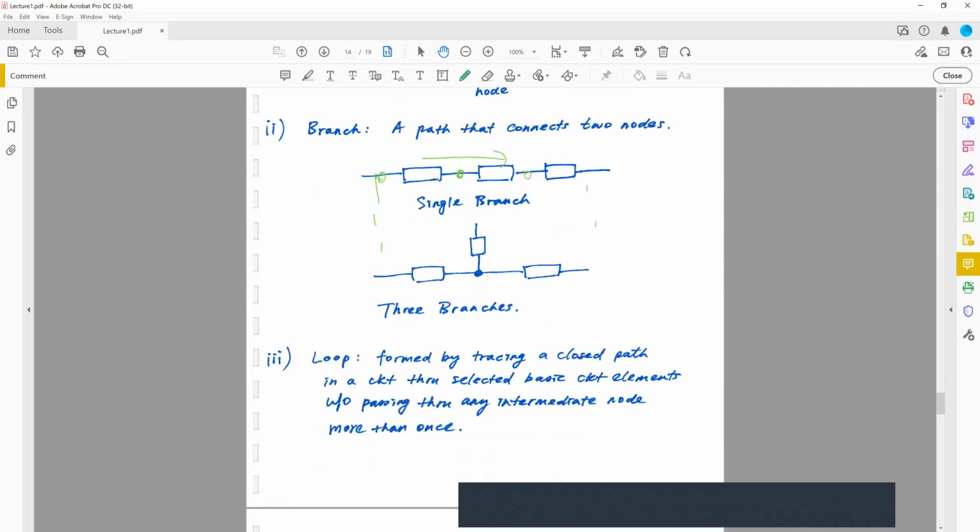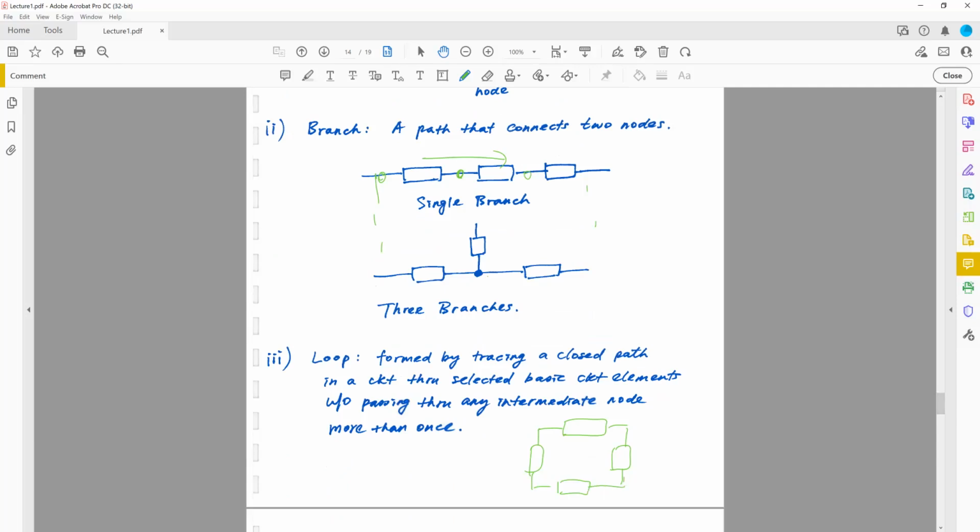And what is a loop? Let me sketch something else here. Let's say I have a loop like this, and this loop consists of 4 elements, whatever those elements are. I'm using boxes to represent them. A loop is formed by tracing a closed path, and keep in mind, it has to be a closed path in a circuit through some selected basic circuit elements.